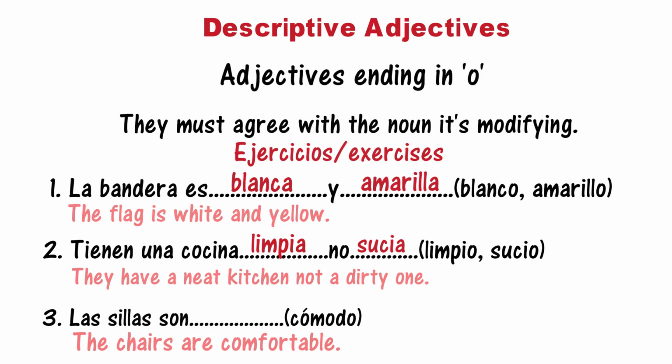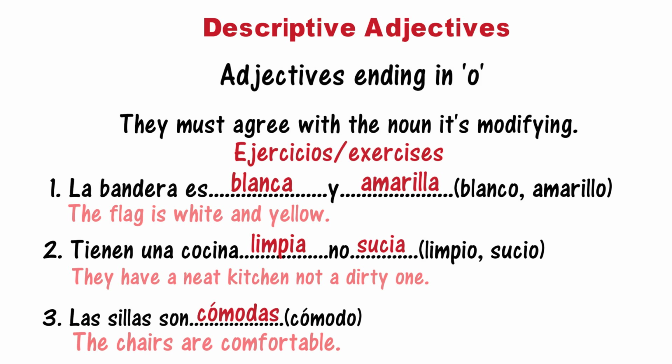And the last sentence: las sillas son, and our adjective here is cómodo. The answer is: las sillas son cómodas. First of all, the noun here is feminine, and so cómodo becomes cómoda.